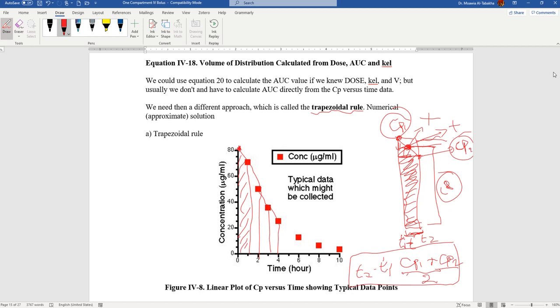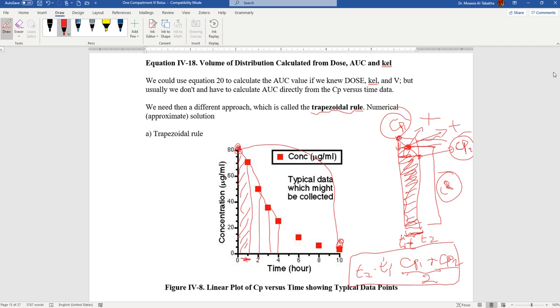Now it's very important that the time interval is as short as possible. For example, I cannot take this point with this point and say, let me reduce the effort, so I'm going to use these two points, the beginning and at 10 hours, and find the area. No, that's wrong.